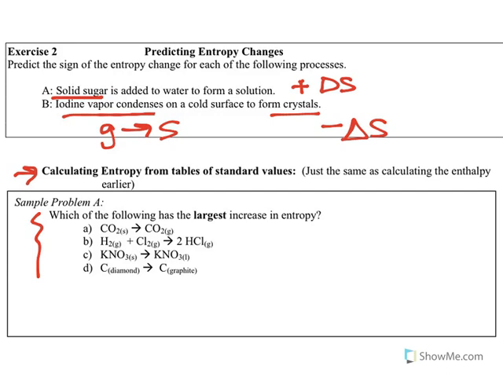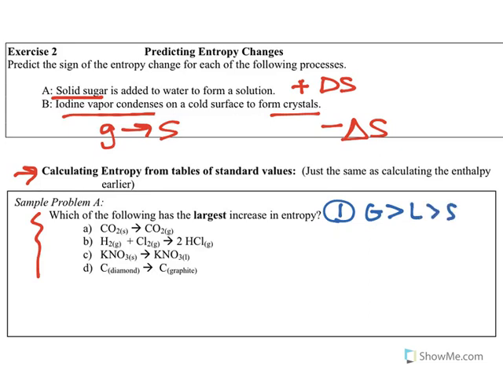So it's not often that we're actually asked to do something like this, necessarily predict it with so little information potentially. But if you are asked that, you want to think of a hierarchy of what's going to cause the greatest increase in entropy. The first thing to think about is, do we have a gas compared to a liquid compared to a solid?